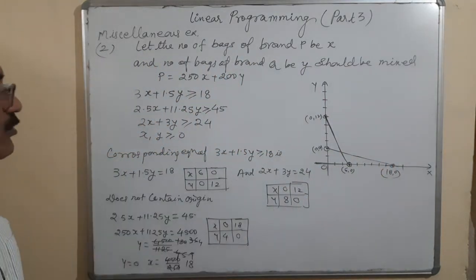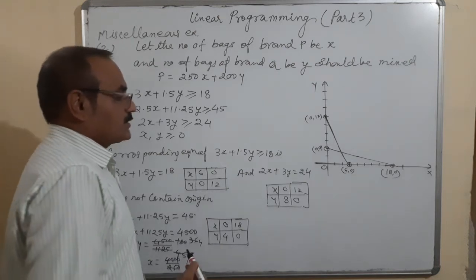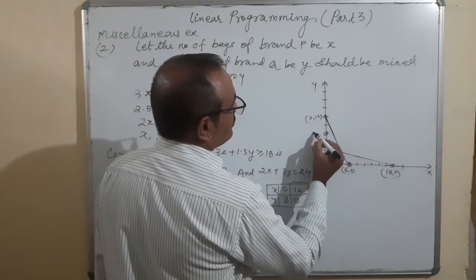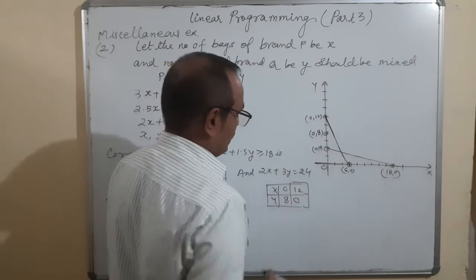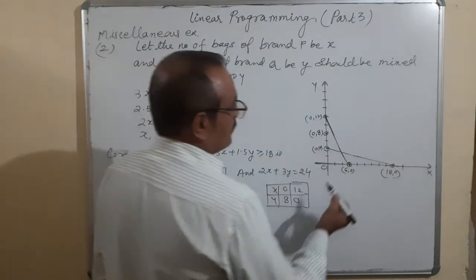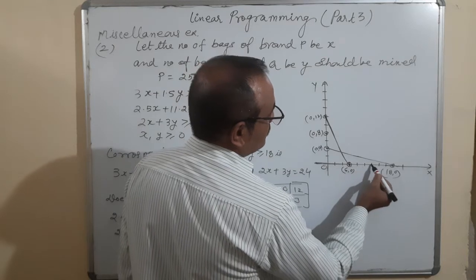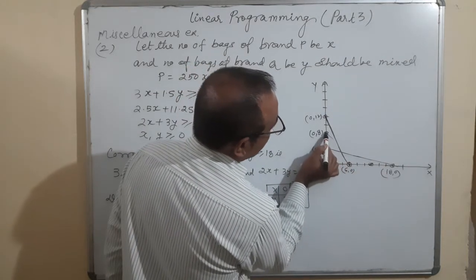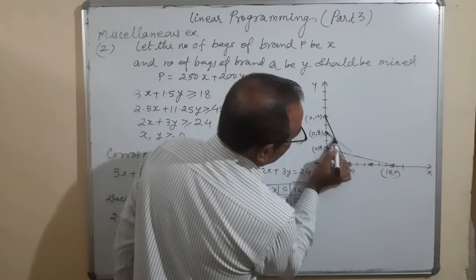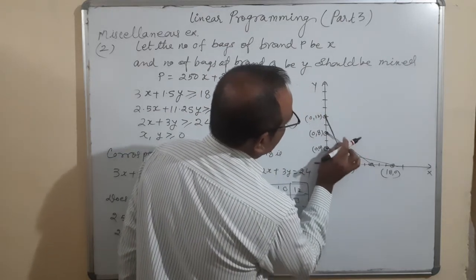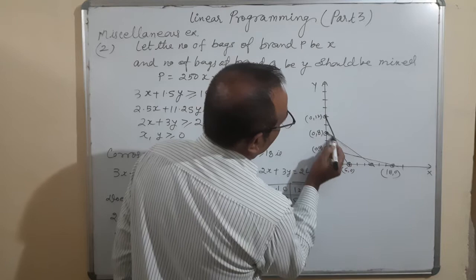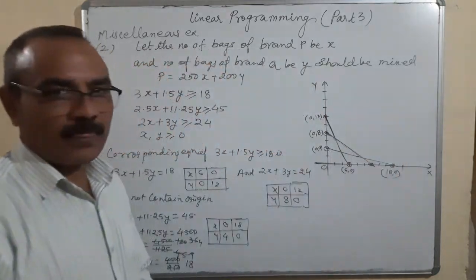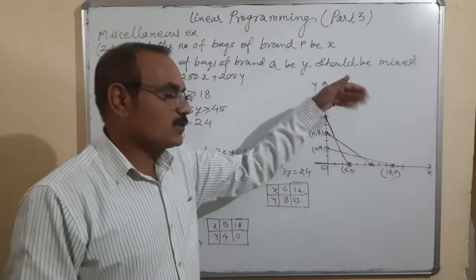Now the third is 0 comma 8, x is 0, y is 8, and 12 comma 0. Also away from the origin.